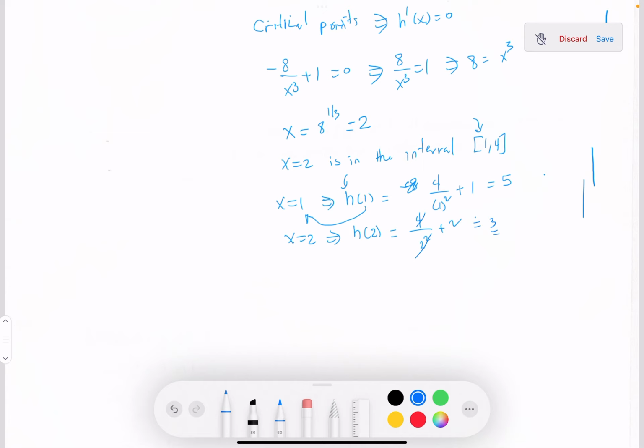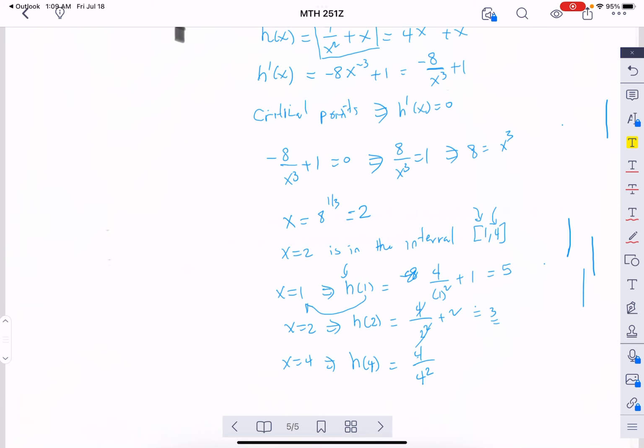Now let's look at the last point, the right endpoint, 4. At x equal to 4, the function as a function of 4 is 4 over 4 squared plus 4, because it's x squared plus x.